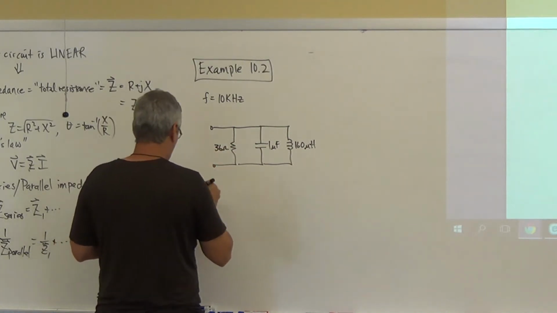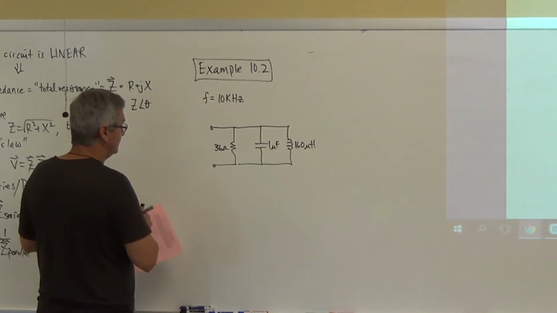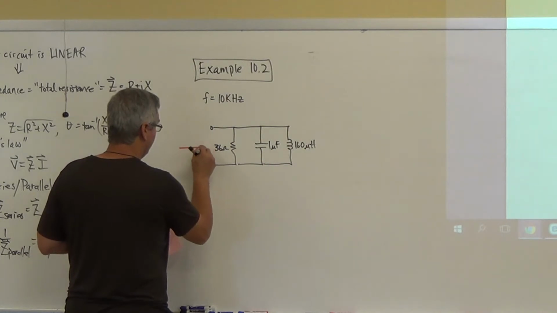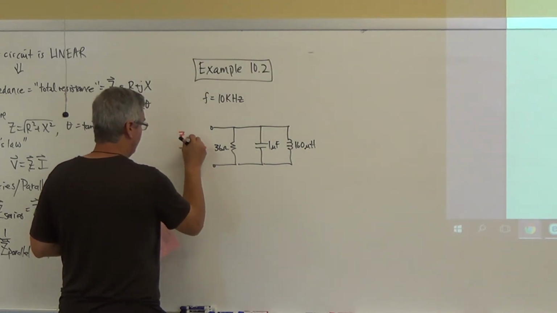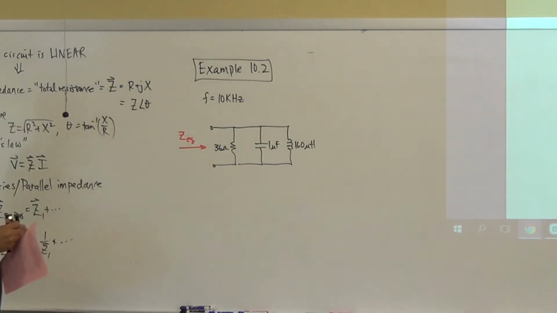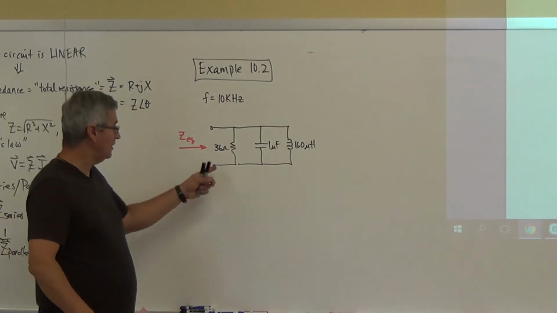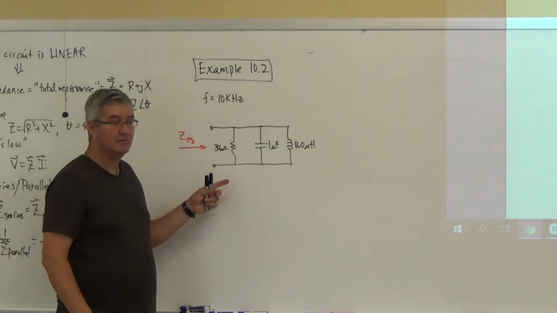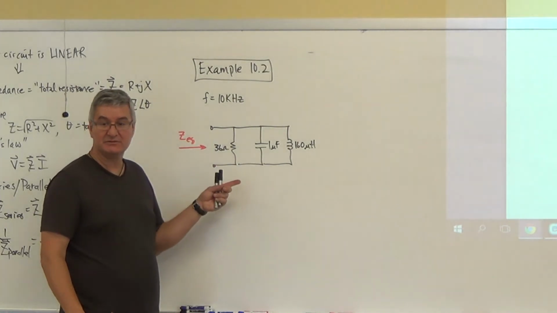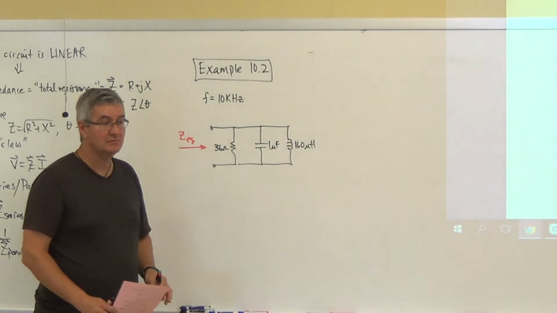And what we're looking for is this guy right here. So what do I have to do? I have to make it into phasor form. You know how to add these, right? It's just three vectors in parallel.